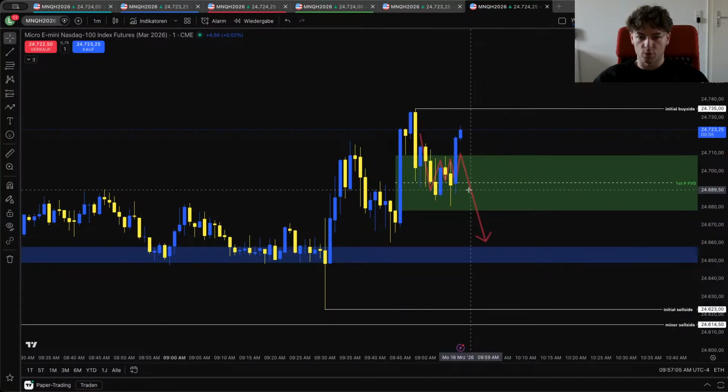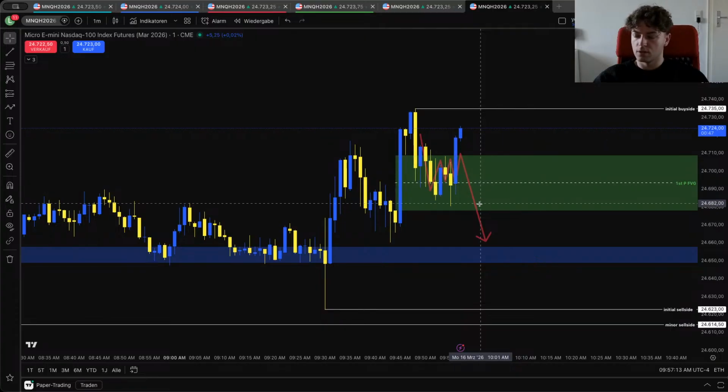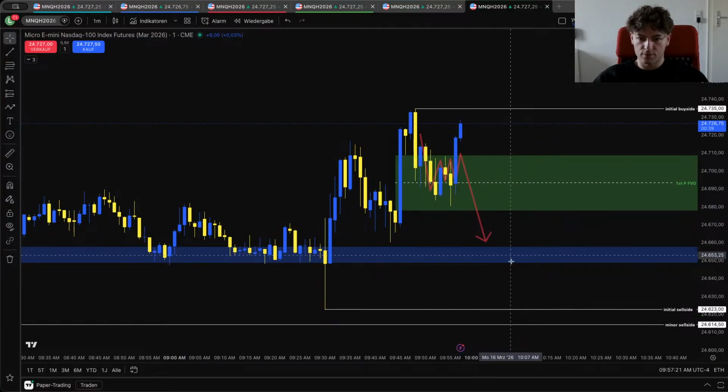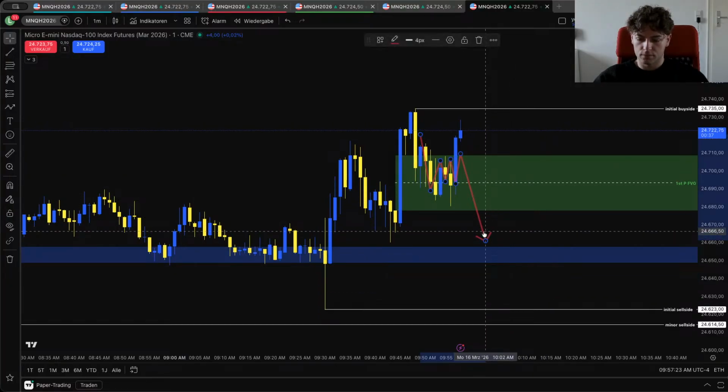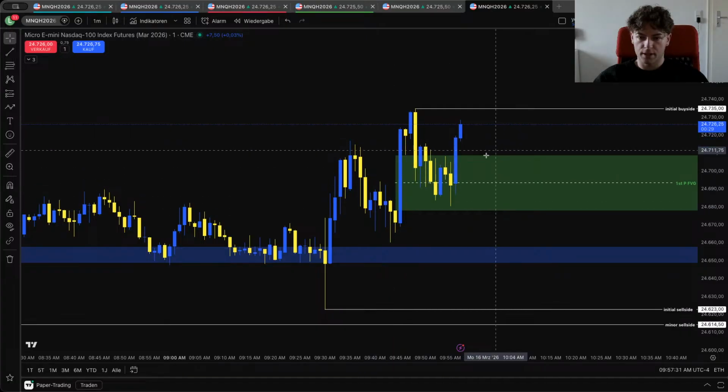Okay, so you would want price to only trade into the lower half, respect the midpoint, and maybe doesn't even demand price to trade up into the midpoint, stay in the lower half and go lower. Okay, so that would be the scenario if we inverse the first percent fair value gap.